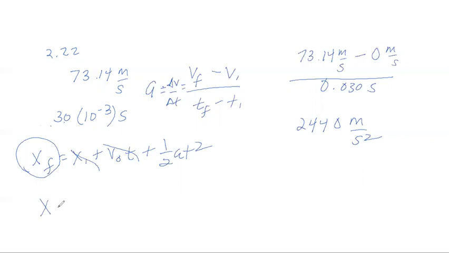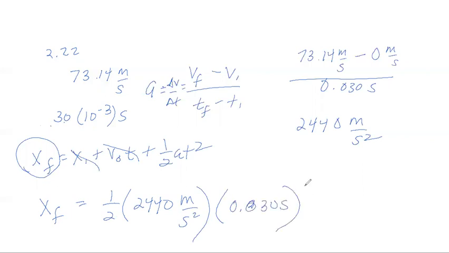So we're going to have x final equals 1/2 times 2440 meters per second squared times 0.030 seconds quantity squared, and we're going to get, let's see, 1.10 meter. And that concludes the homework for chapter 2.